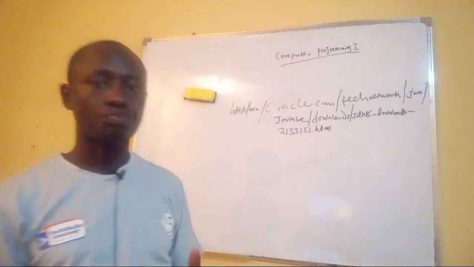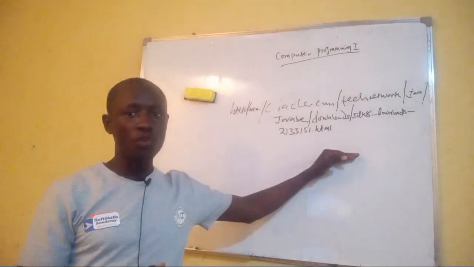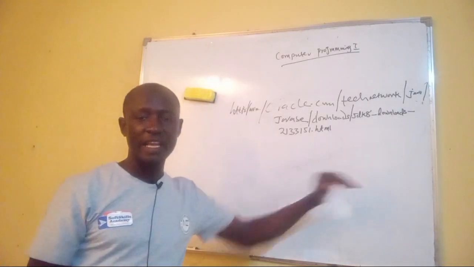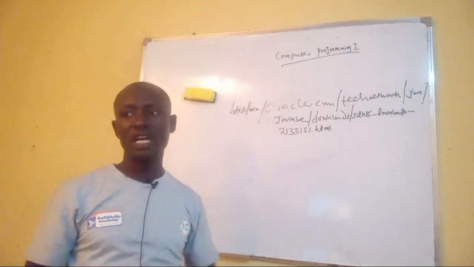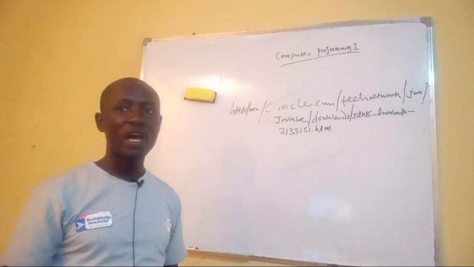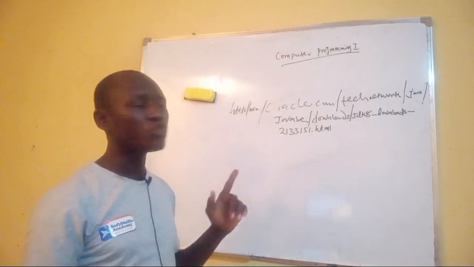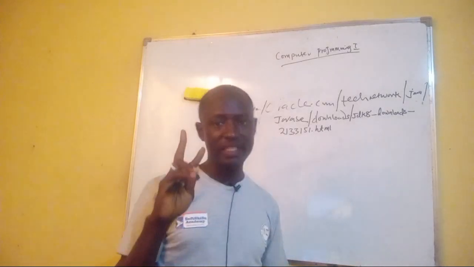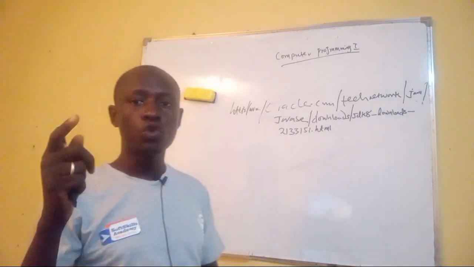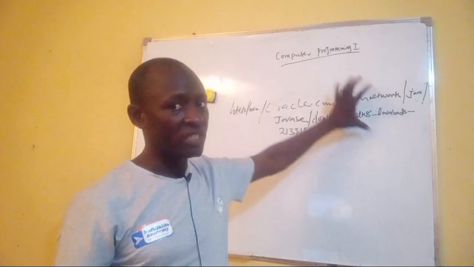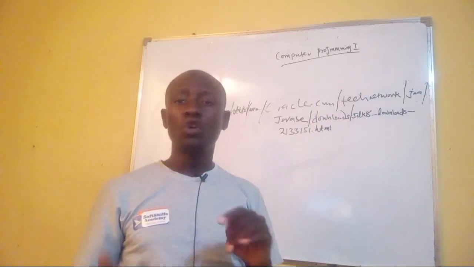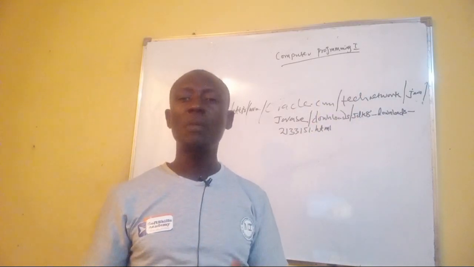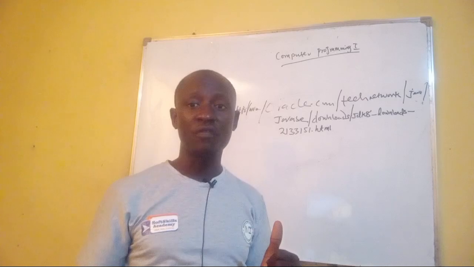Assuming we have downloaded and installed Java SE on our machine, what we are left with now is to set up the variable path. There are two things I mentioned. One, you download Java SE from this site. Two, no matter what you do, you must go back and set this variable path.